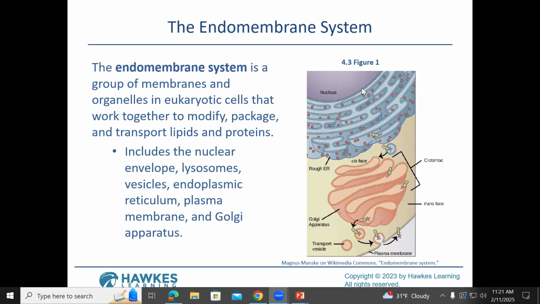So everybody here who participates in making this vesicle, in making these proteins, meaning from the nuclear envelope, the lysosomes, because they cut and they align and shape properly these vesicles, and there's an endoplasmic reticulum, and there's a plasma membrane, and the Golgi apparatus.